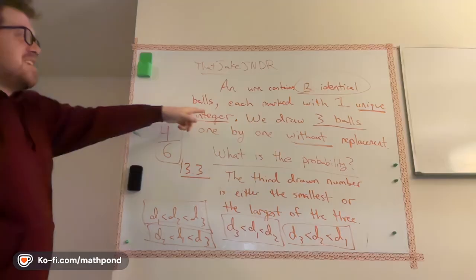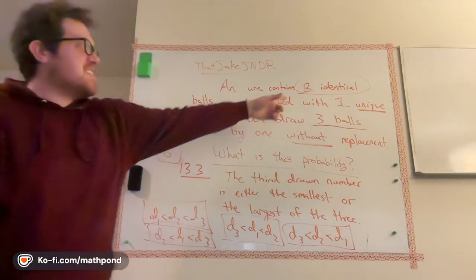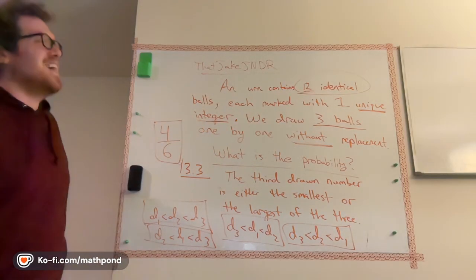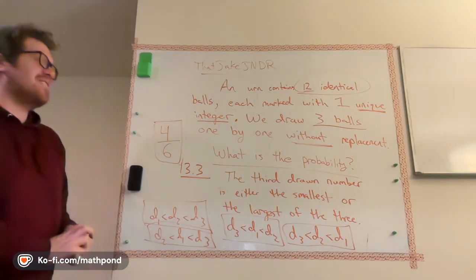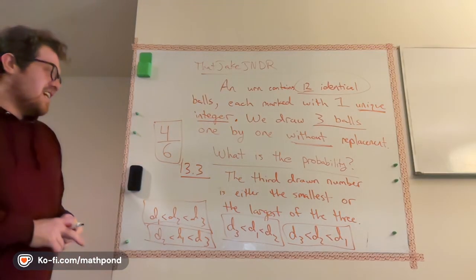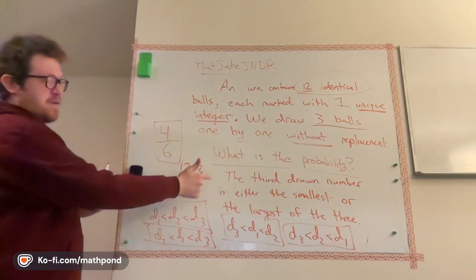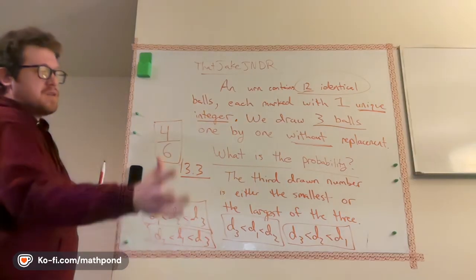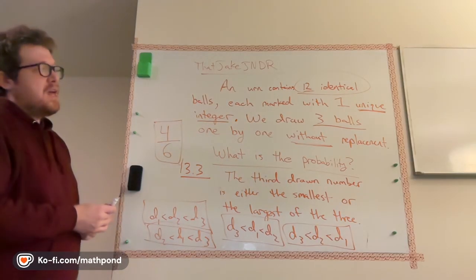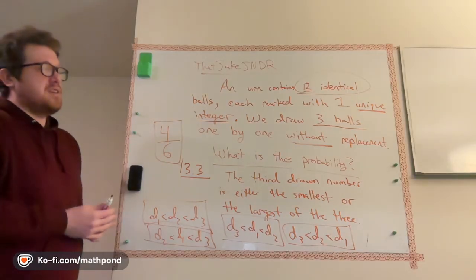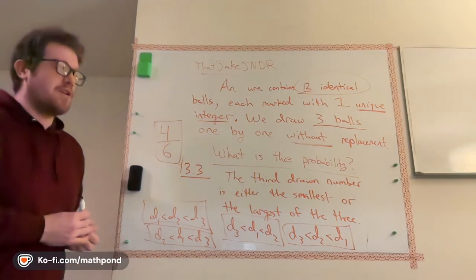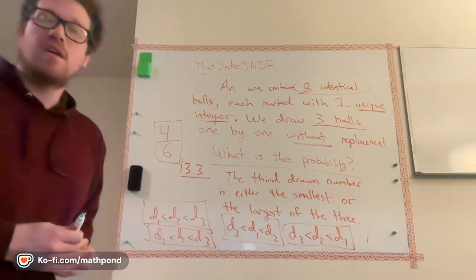I don't know why they said "with one unique integer." They could have just said they're labeled 1 through 12. I don't know why they had to say it that way, but. So yeah, any questions about this? We have 4 possible permutations that are good for this, 2 that don't work, so 4 out of 6. And of course this depends on each permutation having a uniform chance of occurring.